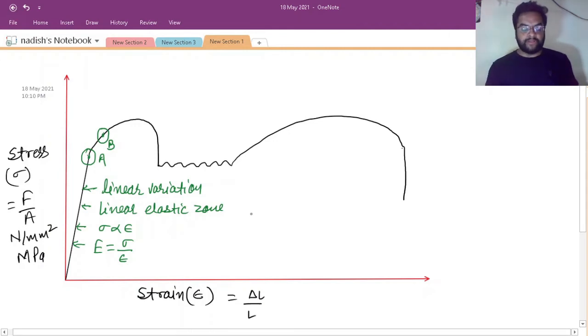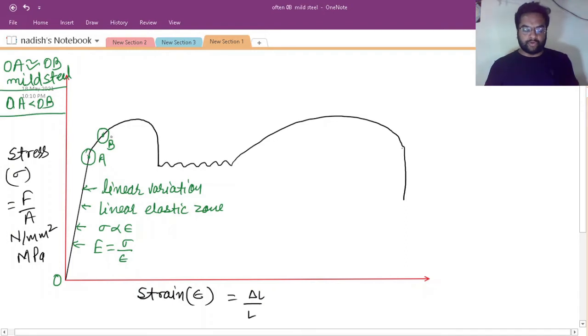And in an actual engineering graph, like in the real graph, this point B is very near to point A. So this point is O, and OA is approximately equal to OB for mild steel, but in other materials OA is less than OB.